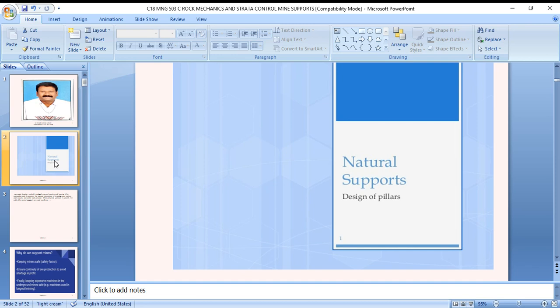As the width of excavation increases, the span of the pressure also increases. The immediate roof of roadways or working places in the coal seams may consist of different types.